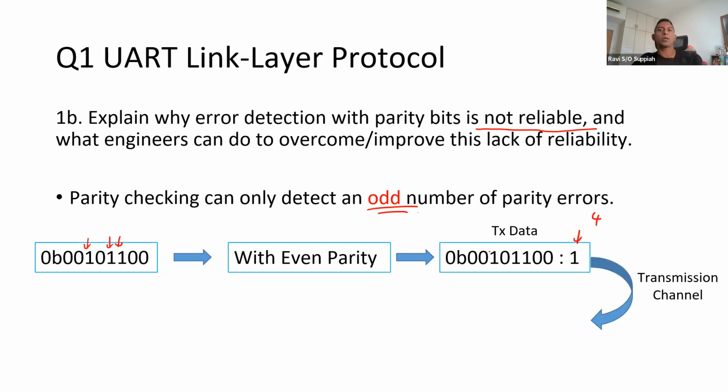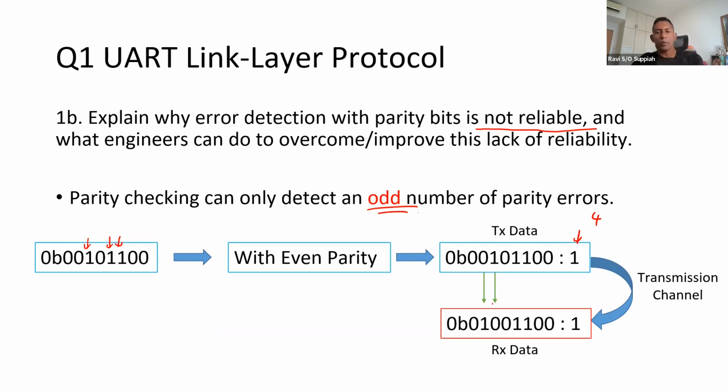Now I transmit this across the channel, and at the receiver side, I receive a data packet. But what do you observe in this received data packet? You observe that 2 bits have actually flipped. This 0 has become a 1 and a 1 has become a 0.